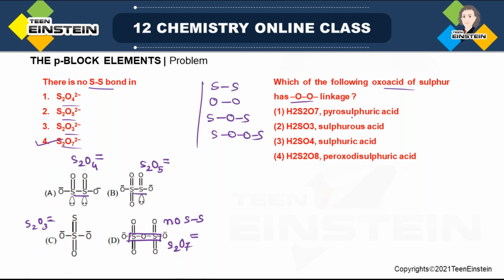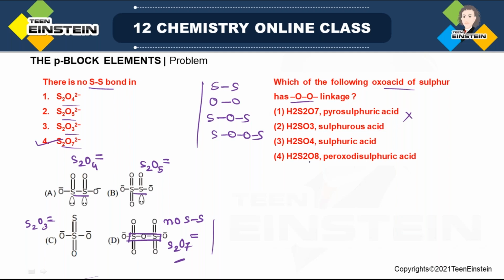H2S2O7, pyrosulfuric acid. This is actually the structure S2O7 2 minus that you have already seen in the last case. In this case, we do not have any O-O linkage, as you can see from this structure. So this is not correct.